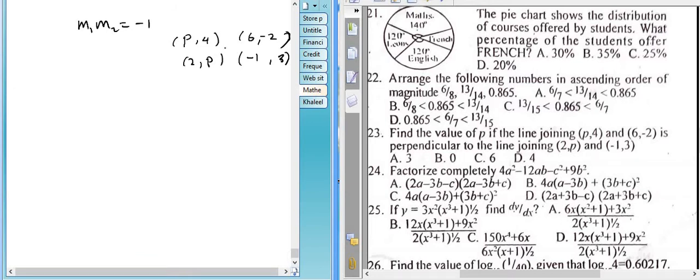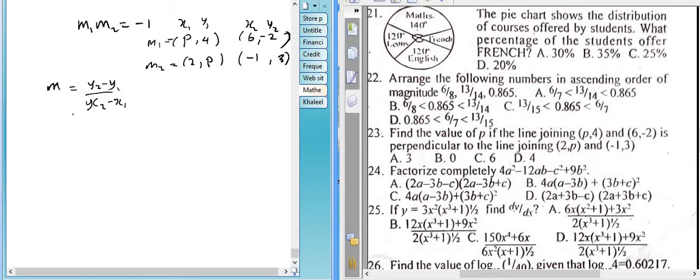Okay, so we know that the slope is given as change in y by change in x. That's slope is given by y2 minus y1 all over x2 minus x1. So this is x1, this is y1, this is also x2, this is y2. So this will be slope 1, this will be slope 2.